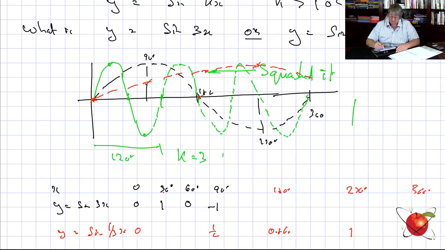Therefore, new equals old over K. The old was 360. Usually the old one is the one that we start with, our sine or cos graph, over K. Now, what do we need to do with all this? You're going to be given graphs.